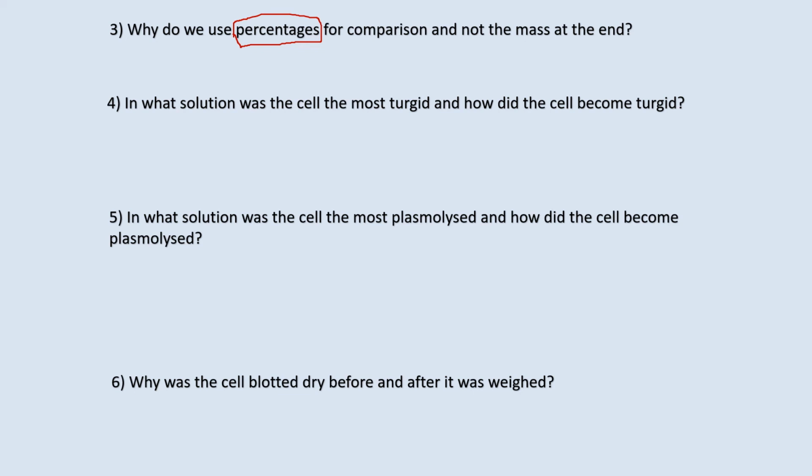So you can't compare your values at the end because your values at the start are different. So you'd want to take the heading that's at the start and say that that is different. So for this question, the answer would be because the potato masses at the start were all different. So it wouldn't be a fair comparison unless you calculate the percentage change.